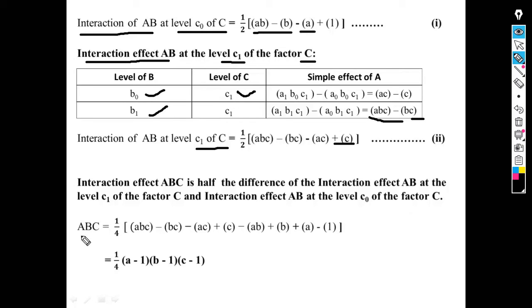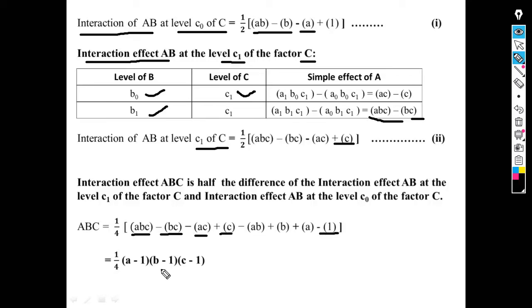So here we get 1 by 4, so it is half of this term. So half and half of the interaction effect is 1 by 4 of ABC minus BC minus AC plus C, and then minus this first equation. So we get minus AB plus B plus A minus 1.